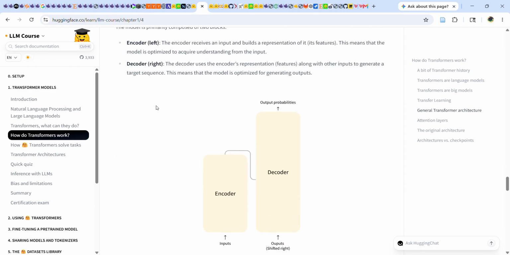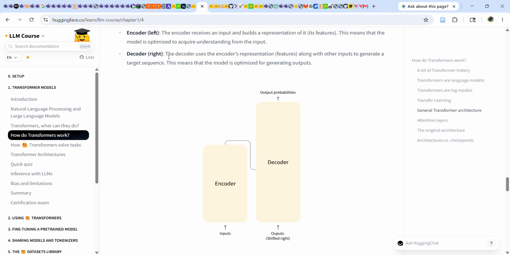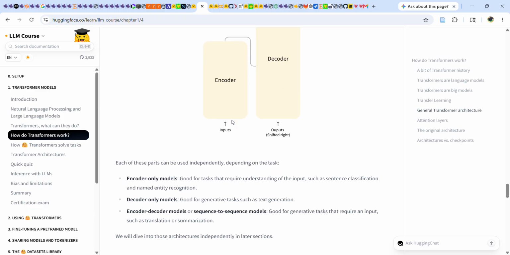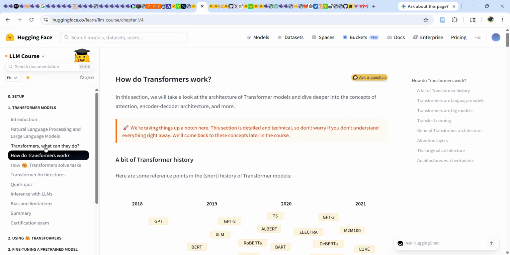The encoder will receive the inputs and build some representation of it, like the features, and the model is optimized to acquire understanding from the input. Then the decoder uses that representation of the encoder, that is the features, along with some other inputs, and generates a sequence, that is the target sequence. So that is called a transformer. So we know what transformers are.